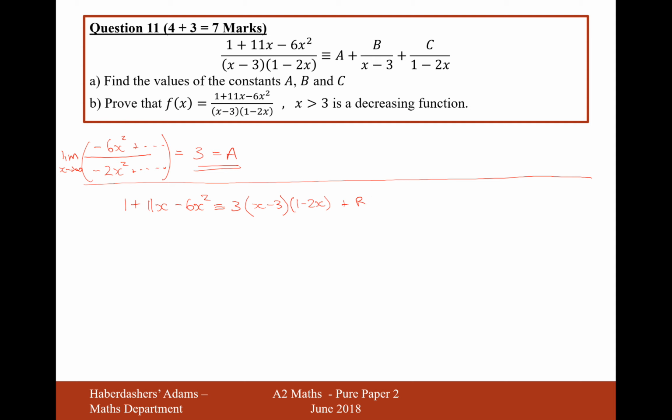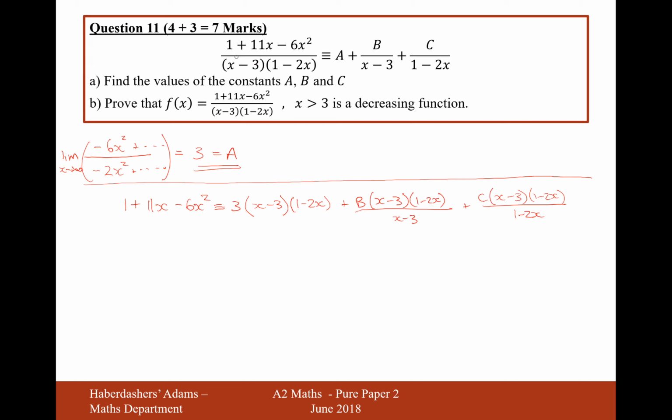For B, I get B times x minus 3, 1 minus 2x over x minus 3. And for C, it's going to be C times x minus 3, 1 minus 2x over 1 minus 2x.